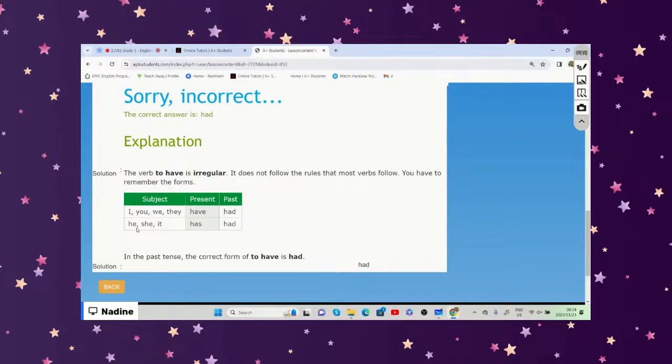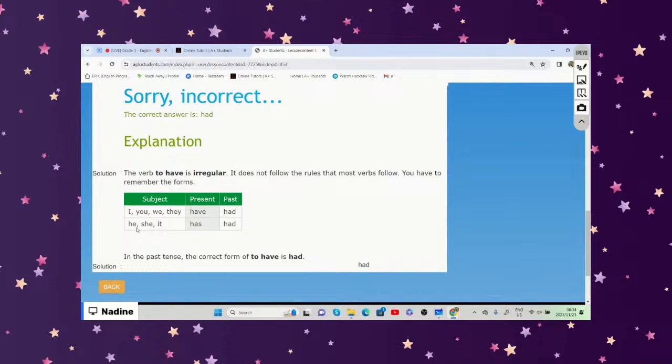So we either use have, had, or has, to show the present tense or the past tense. In the past tense, we say had for both plural and singular subjects.